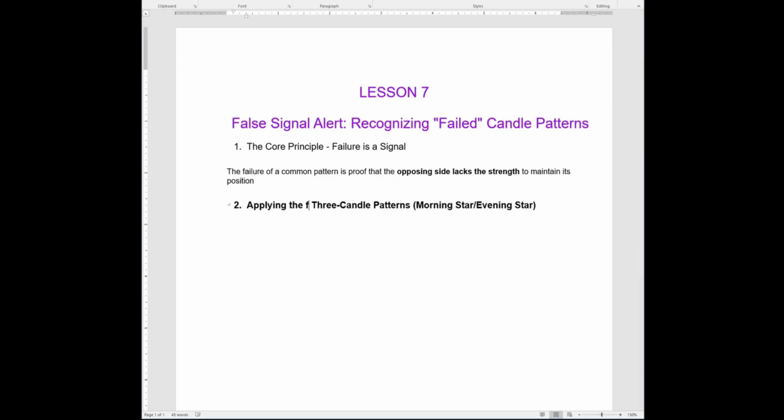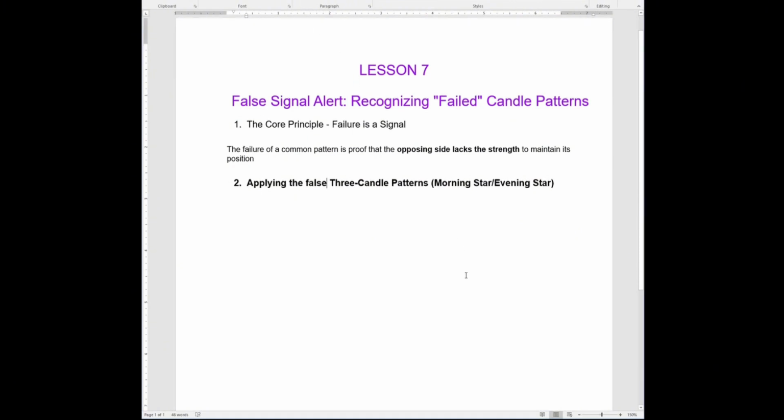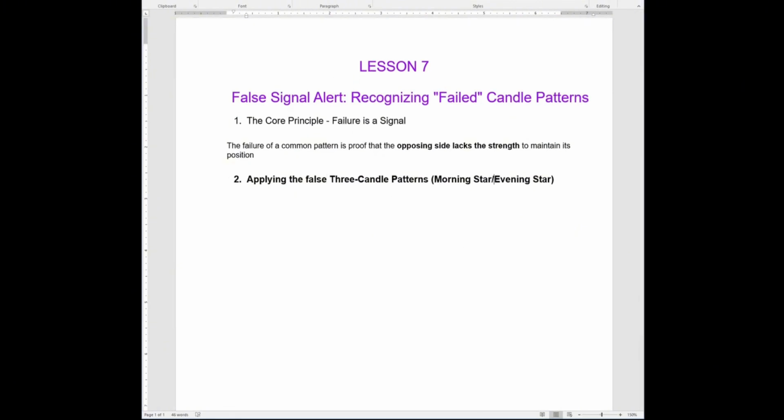I would like to add the failed three candlestick patterns, and in today's lesson, I will show you two common patterns that usually appear on your real trading chart, morning star and evening star. Do you still remember the shape of these patterns? Let me help you by showing the appearance of these two patterns.